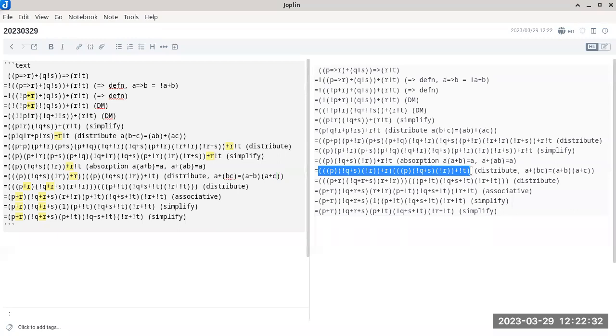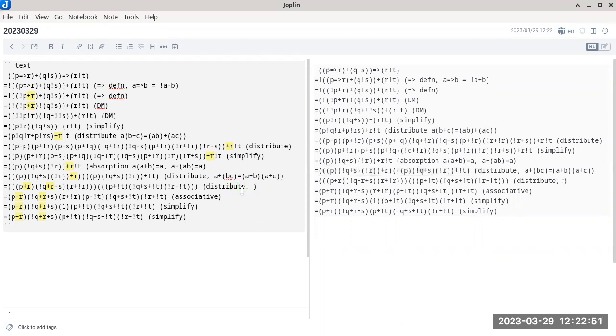All right. So once we have this, I apply distribution again, and this next distribution is based on the same thing, if I'm seeing it correctly. Yep, it is. So let me explain which distribution I'm using here.